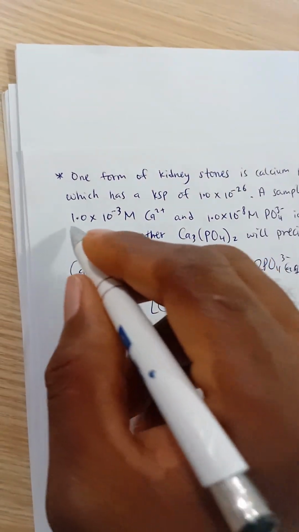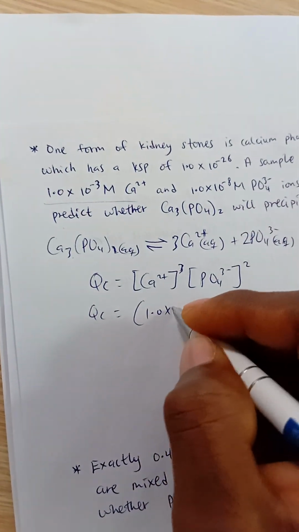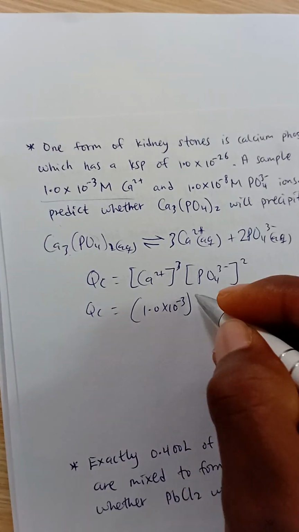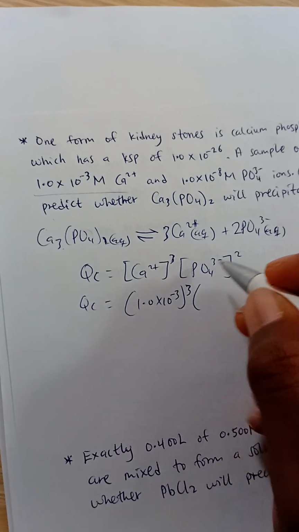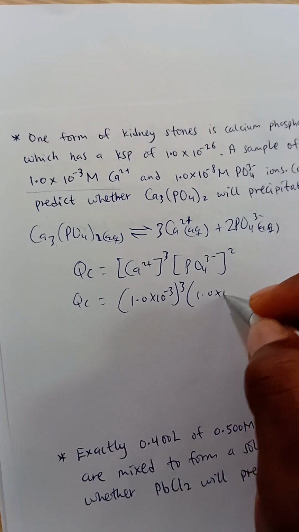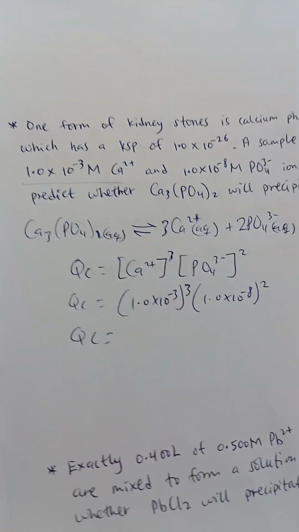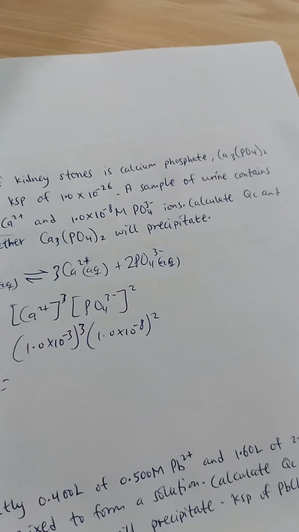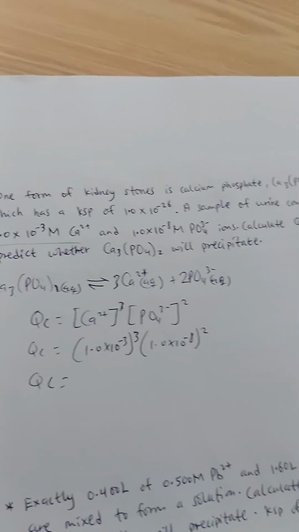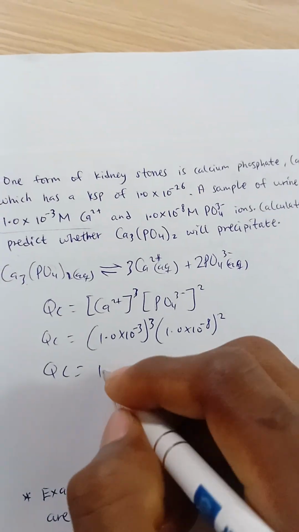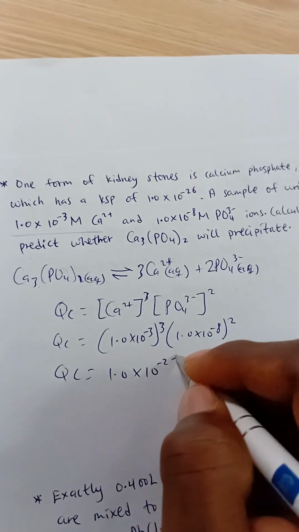Calcium ion concentration we're given. So this one is just straightforward, isn't it? And this one too was given. We are going to get 1.0 by 10 to the power minus 25.